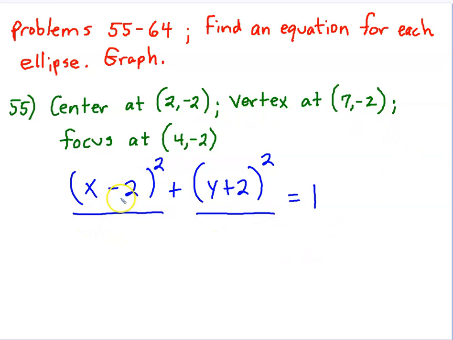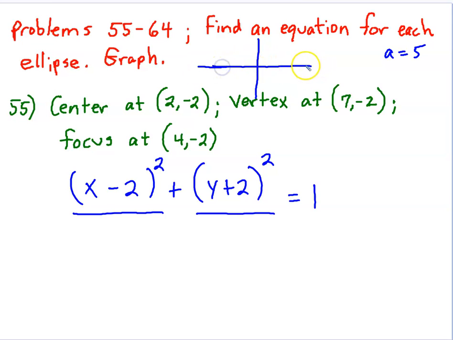All right. So a is the distance from the center to a vertex, okay? And it's 5 units, apparently, from the center to the vertex, so a is 5. And let's see if we can tell if this is a vertical or a horizontal major axis. If you have to, you can make a little sketch. You got to graph it anyway.